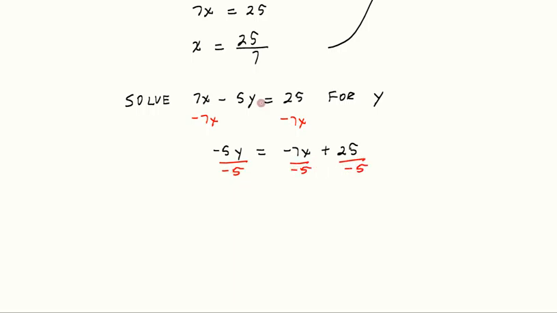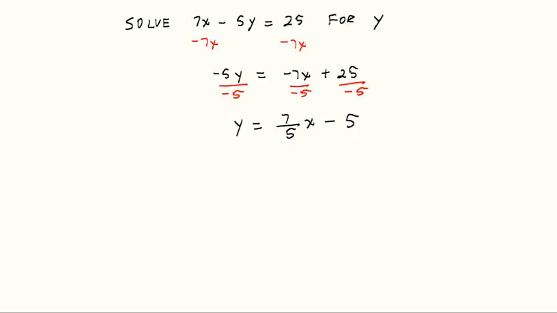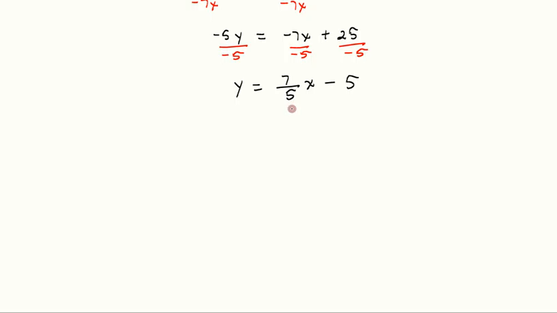And when we do that, we have y is equal to, well, negative over negative is a positive 7/5 x. And then a positive over negative is a negative, well, 25 over 5 is 5. So here's the equation solved for y. And you're probably thinking, well, that didn't do me any good. Thanks a lot. I still have a fraction here. How is that any better?